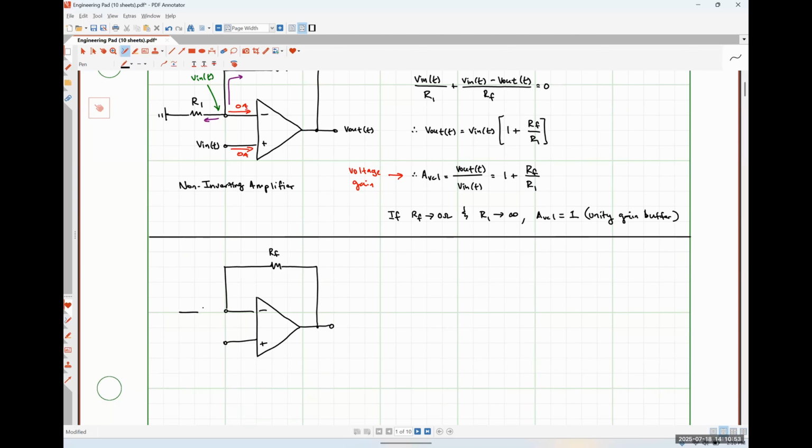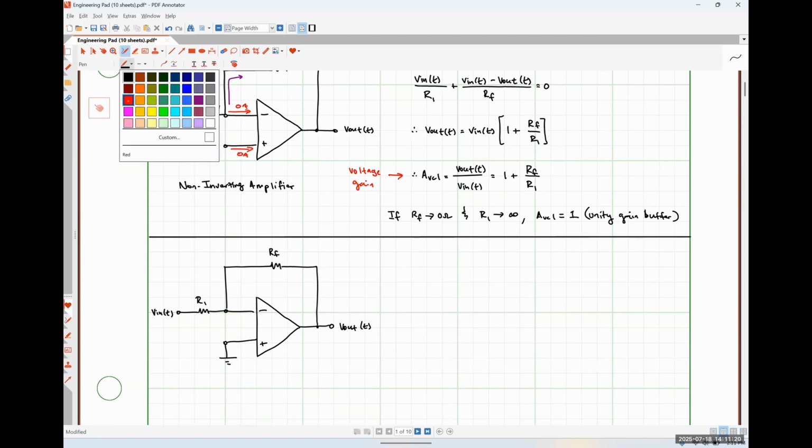I'm going to have some resistor R1 here, but instead of applying ground on the left-hand side of R1, here's where I'm going to apply that input voltage. And then now I'm going to ground my non-inverting input terminal. And once again, I'm going to take my output voltage just at the output terminal of the op amp.